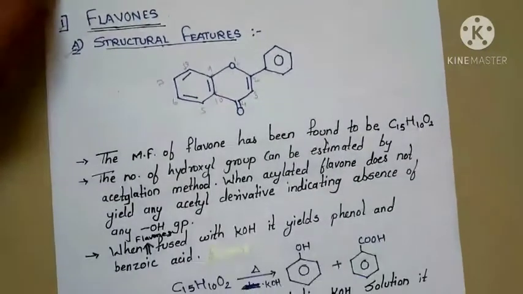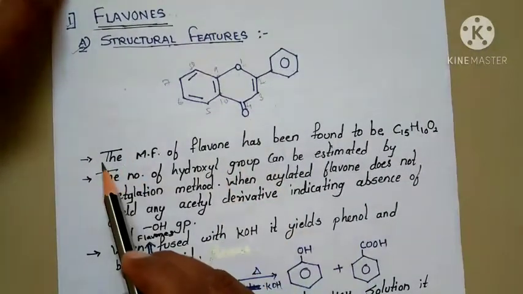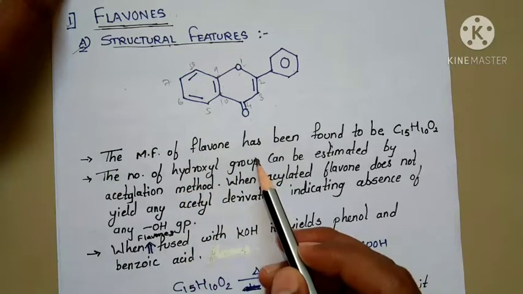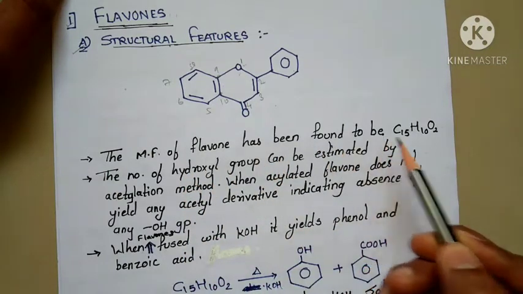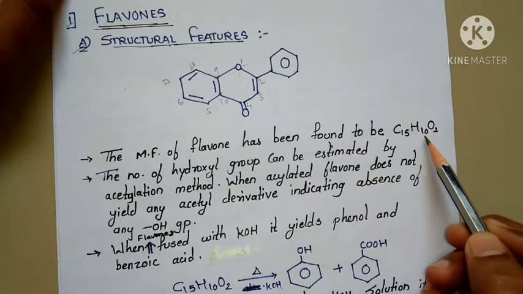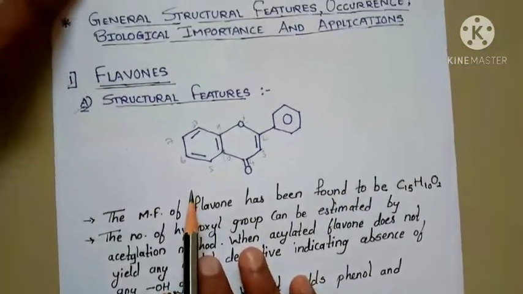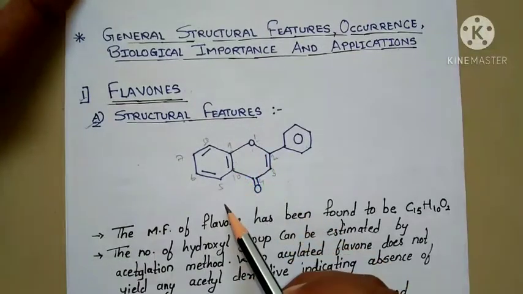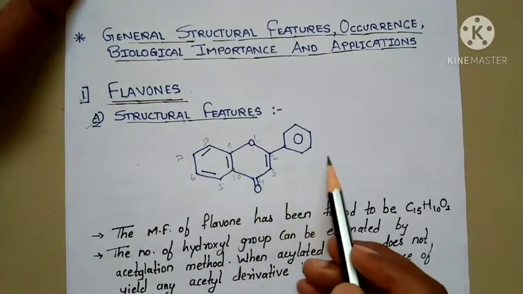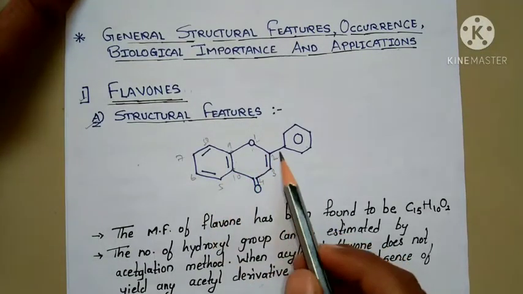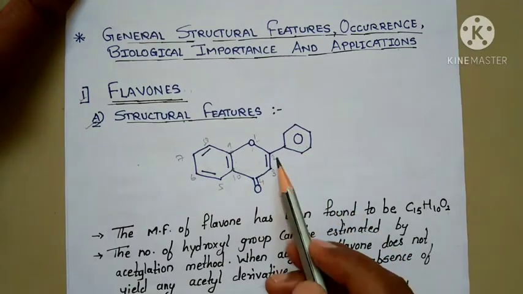Then the next point is the molecular formula of flavones, which is found to be C15H10O2. Look at the structure and count how many carbon, hydrogen and oxygen atoms.